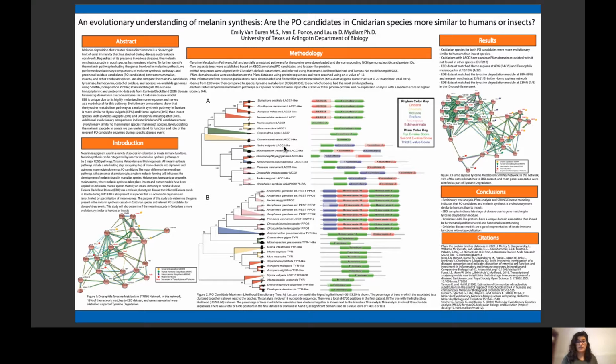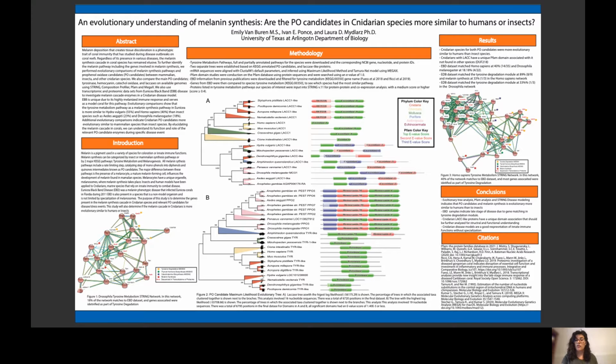These are the drivers of the evolutionary tree. For our tyrosine metabolism based ones, so your hemocyanins, tyrosinase, and PPO enzymes, you see that they are truly branching based off of the phyla that are present, and specifically the two drivers being if it's a hemocyanin associated Pfam or a tyrosinase associated Pfam.